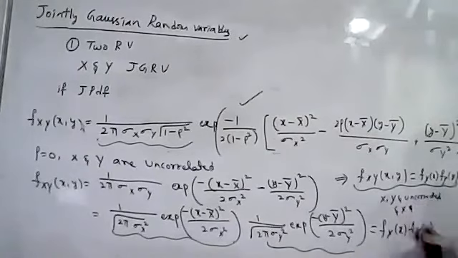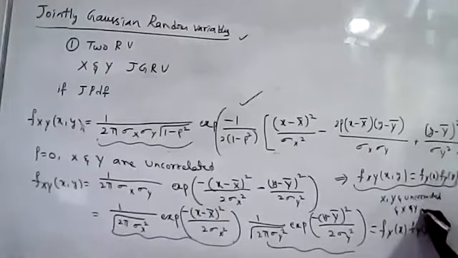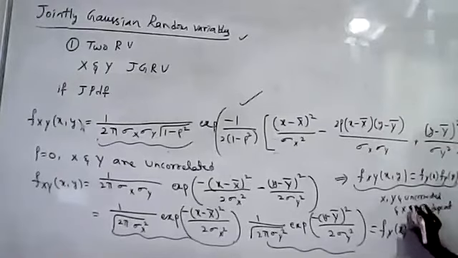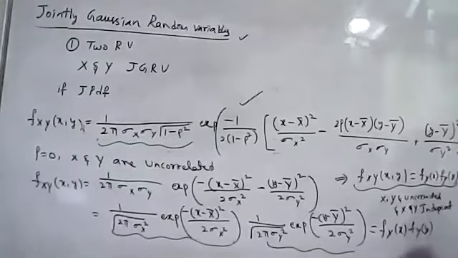Uncorrelated and independent random variables will satisfy the same condition in the case of Gaussian random variables.